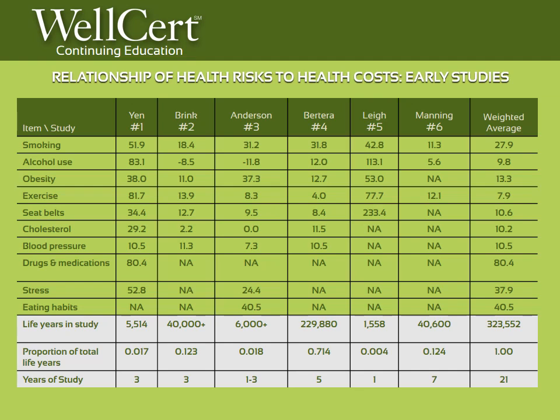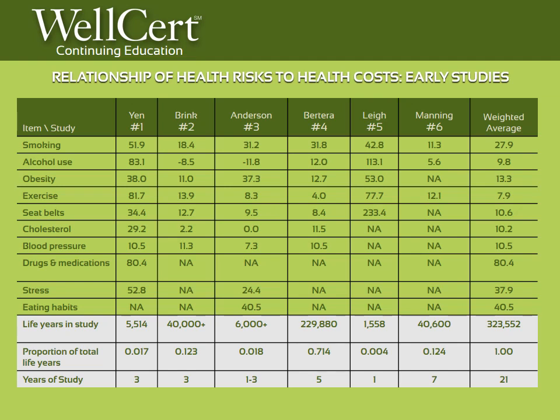And then if you look at the weighted average in that first category, smoking, you can see that what we did was we took the proportion of total life years across all 6 studies, which is 323,552 life years. That's a lot of life years.